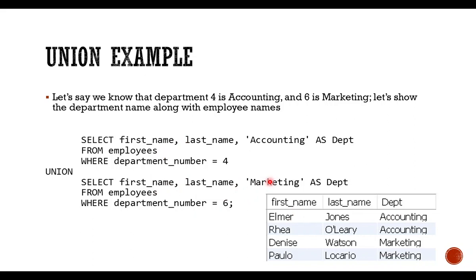So in this case, the things are exactly the same. First name, last name, and department are being pulled out, even though this word is different. That doesn't matter. Still 3 columns, and this one is the department column. And then if I put the word union between those 2, you'll see that they will appear in the same output window. So here's the accounting folks, here's the marketing folks. You can sort those, right, by putting some order by clause at the end, etc.